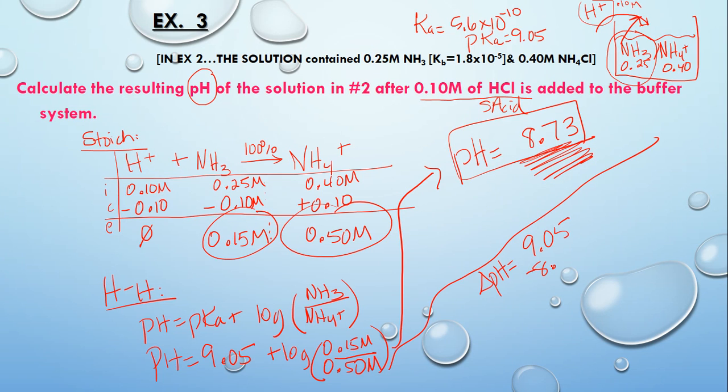So 9.05 minus 8.73, and again, we're looking for the change in the pH, is 0.32. So the pH does change some, but remember, the point of a buffer system is to resist a large change in pH upon the addition of a strong acid or a strong base. And that's what our blood does for us. Our blood is a very efficient buffering system.